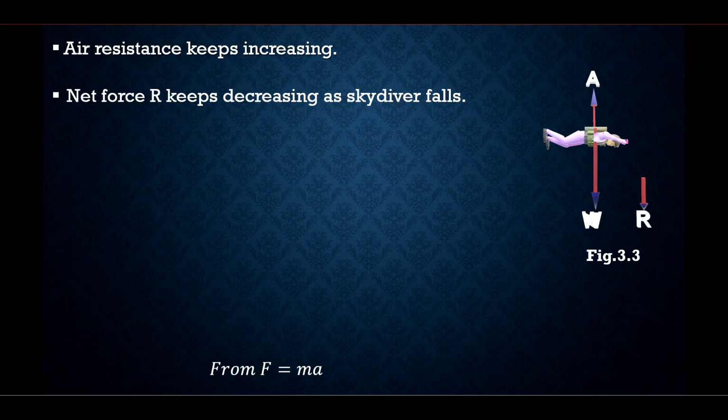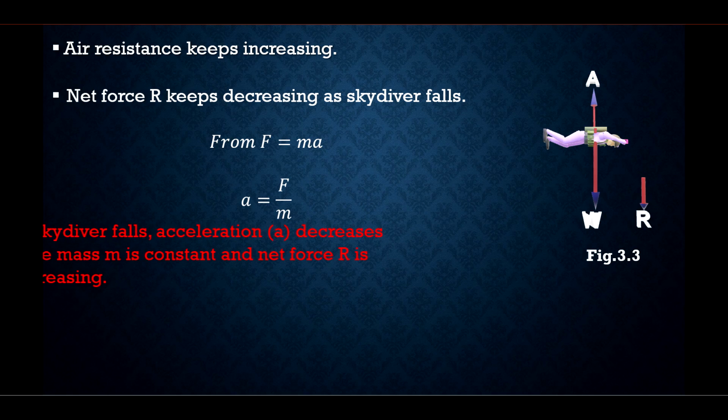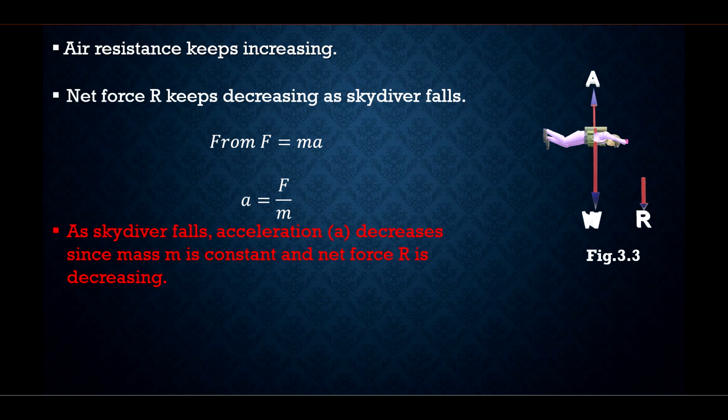From F equals ma, and making acceleration a the subject of the formula, it follows that acceleration a equals net force F divided by mass m. From this equation, with mass constant, as net force R decreases, acceleration a decreases as well.